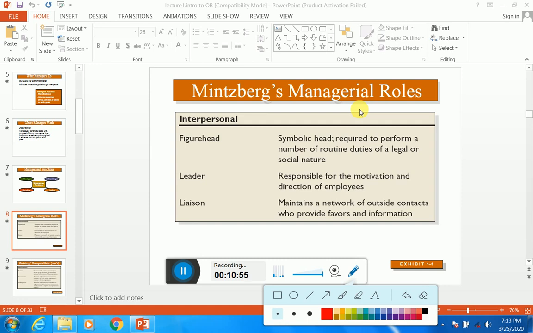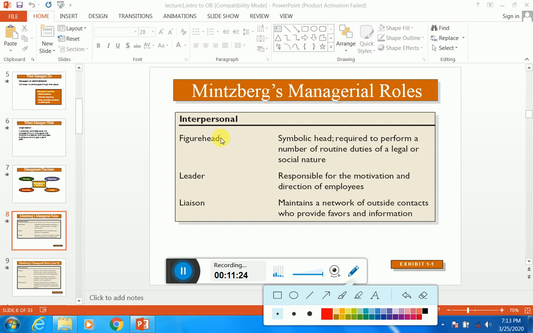The full name was Henry Mintzberg. He introduced that a variety of executive roles are performed by managers in their jobs. He categorized all the roles into three different categories: interpersonal roles, informational roles, and decisional roles.